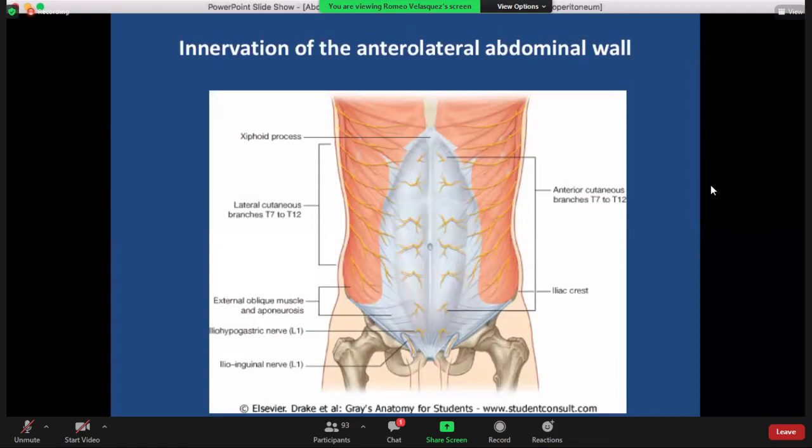And then, of course, your other nerves as labeled here: L1, iliohypogastric nerve coming from lumbar 1, ilioinguinal also coming from L1. So those are the anterior cutaneous branches of the corresponding spinal nerves.